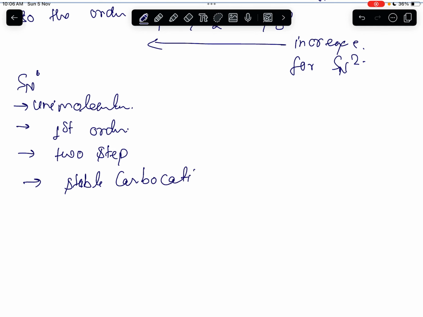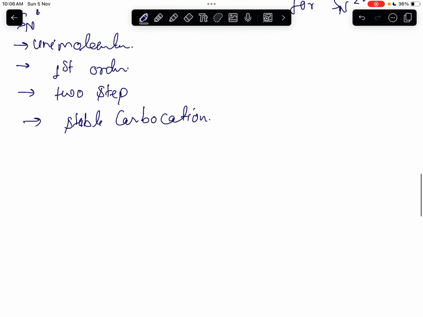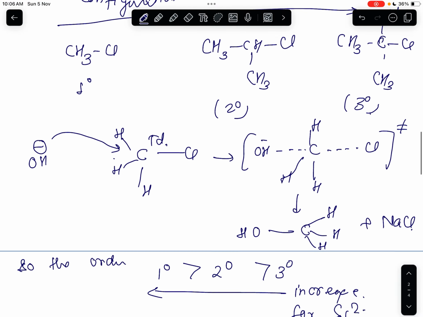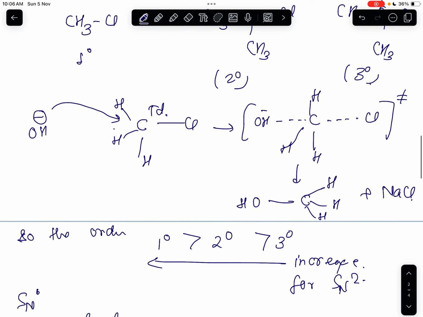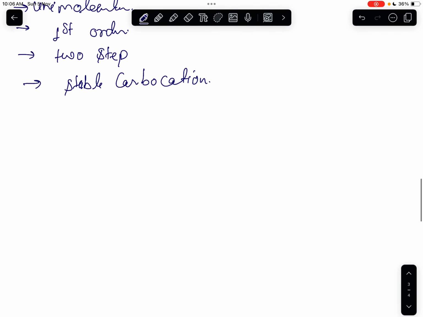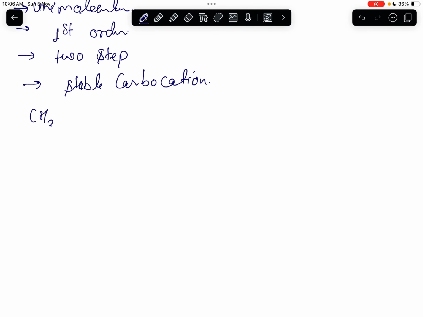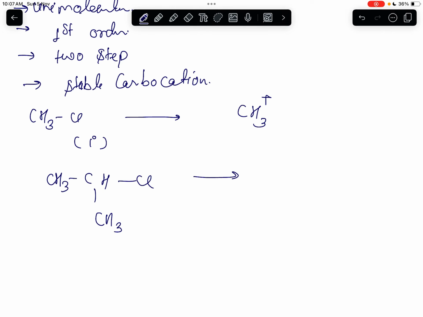That means the stability of the carbocation will determine the rate of reaction for SN1. For example, again in the case of 1 degree, 2 degree, 3 degree, let's generate the stable carbocation. In the case of 1 degree, the carbocation will be like this. For the 2 degree, the carbocation will be like this.